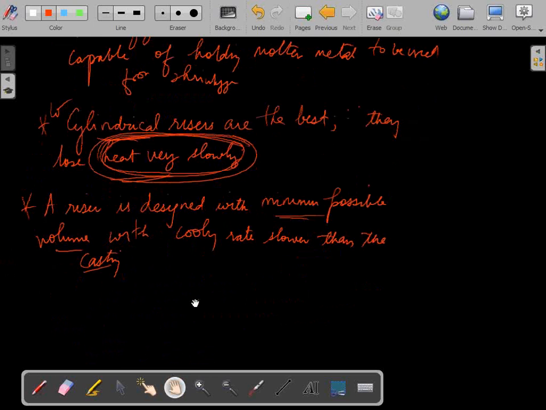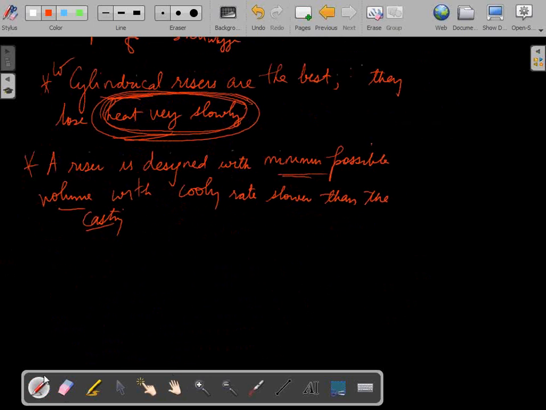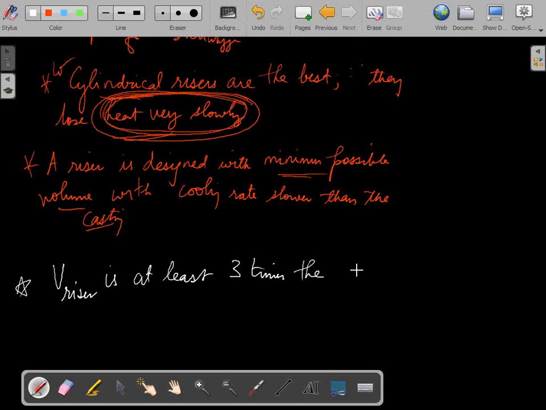It should solidify at the last. A numerical value that you should note, this is an empirical value. The volume of riser, how much volume of metal should be in the riser, should be at least 3 times the shrinkage volume of the metal or of casting. So you know how much your casting will shrink. Okay, so 3 times that should be your volume of the riser.